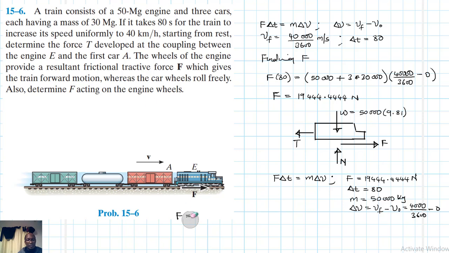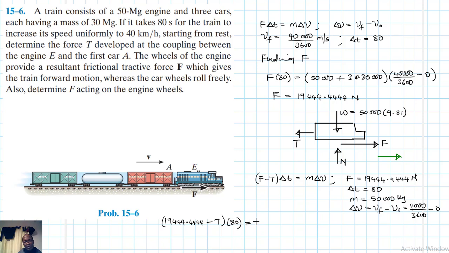If we sum up these forces, motion is in this direction, so the equation becomes F minus T. So we have 19,444.444 minus T, then times delta t, which is 80.